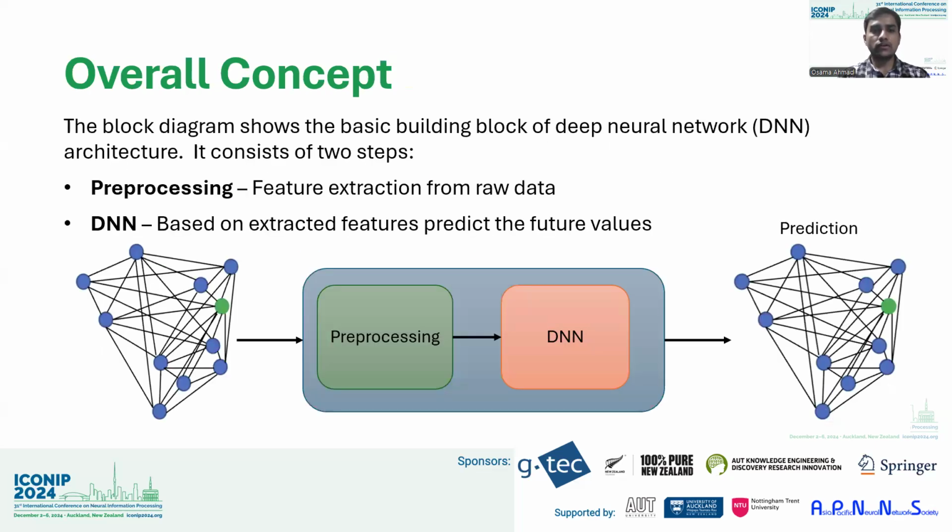So in learning of this spatio-temporal data, it mainly consists of two main building blocks. One is pre-processing, in which we extract the features from our raw data, and in the deep neural network we learn the distribution of these extracted features and use them in our prediction or regression tasks.